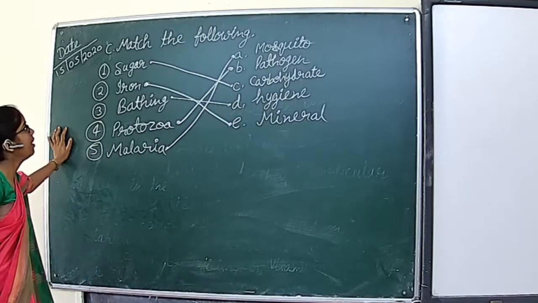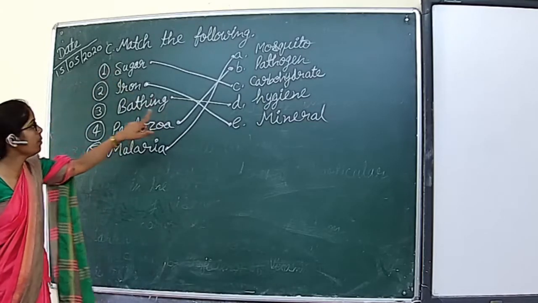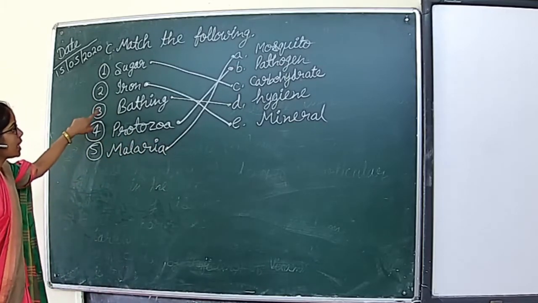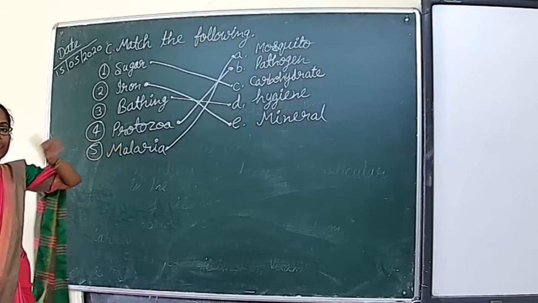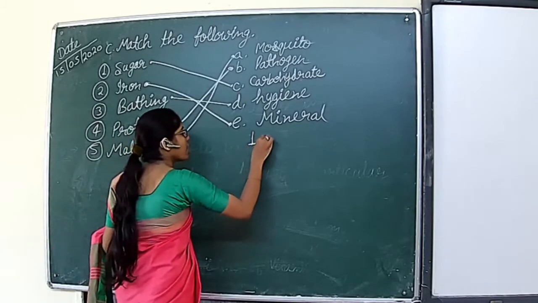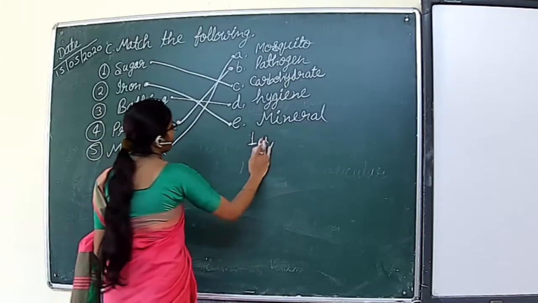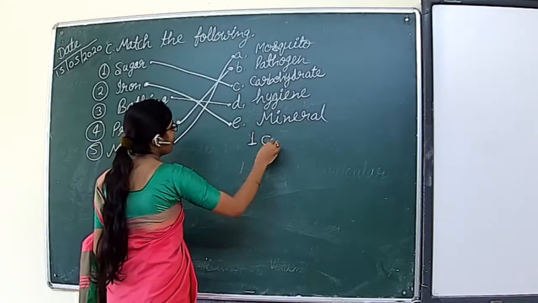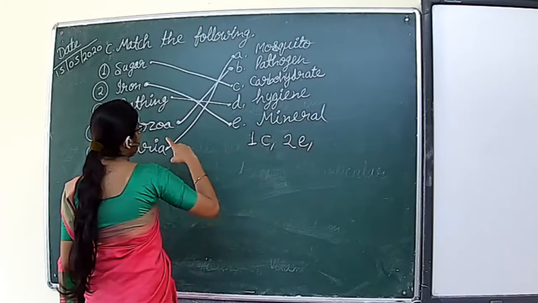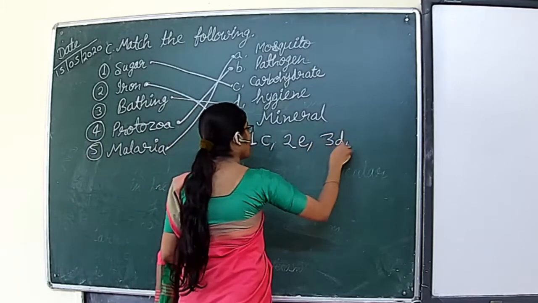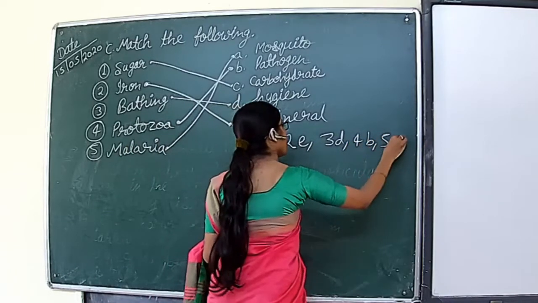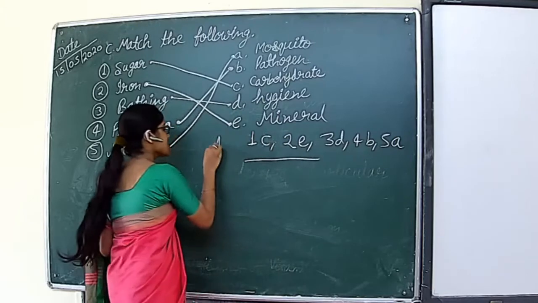So the answer is fifth will be matched to A. Once again I will tell. First will be matched to C. Second will be matched to E. Third will be matched to D. Fourth will be matched to B. And fifth will be matched to A. This is the answer part.